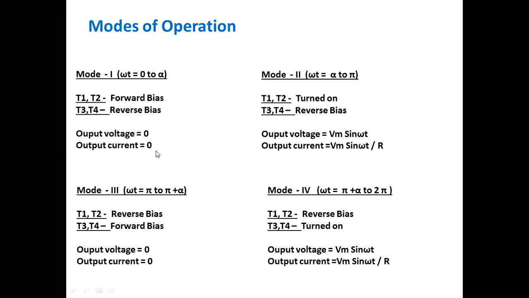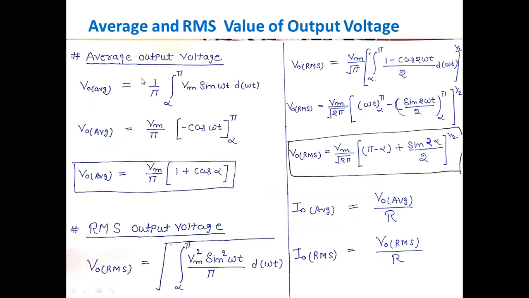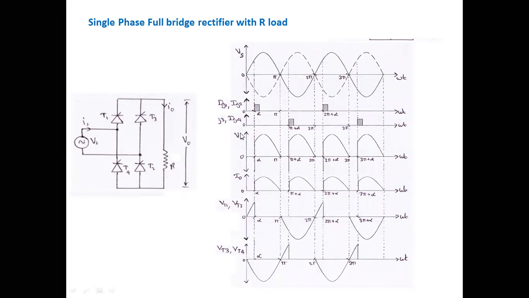Now we can calculate the average output voltage and RMS output voltage for this rectifier. Here we can see that in the output waveform we have alpha to pi, then pi plus alpha to 2 pi. So between 0 to 2 pi we have two cycles of output voltage.